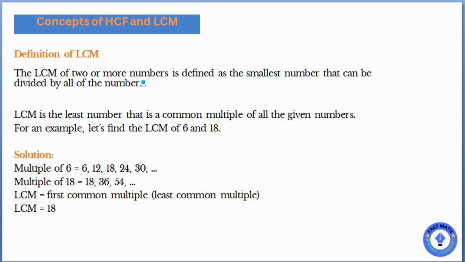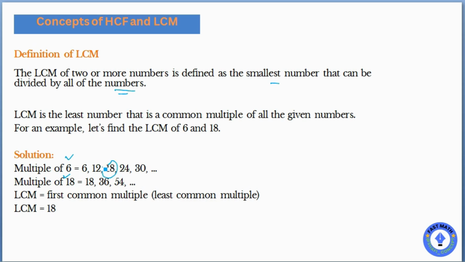Let's move to the LCM definition. The LCM of two or more numbers is defined as the smallest number that can be divided by all the numbers. Because if you take two numbers, the smallest number which is divisible by both numbers is nothing but 18.